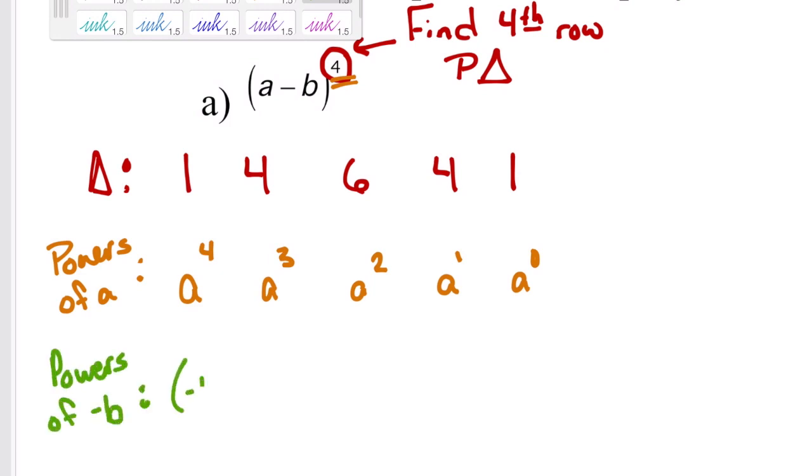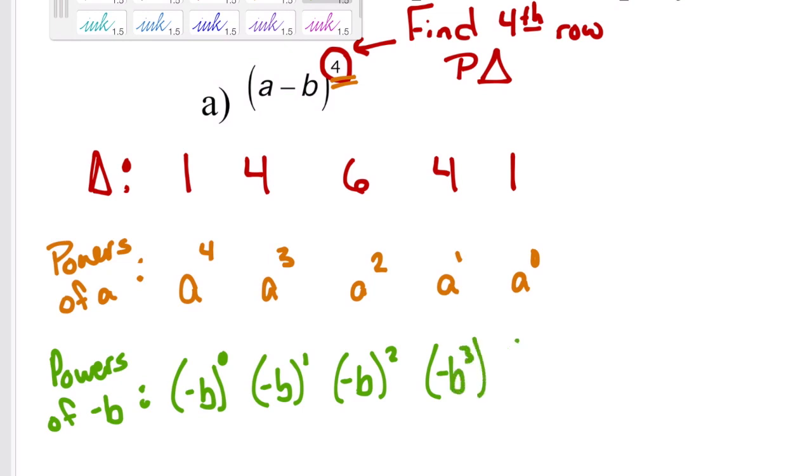And when we do this, remember, negative b needs to be in parentheses. We're doing this exponent for the entire negative b. So it's going to go up from 0 to 1, and then negative b squared, negative b to the 3rd power, negative b to the 4th. So it should always end with the highest exponent, again, that 4.